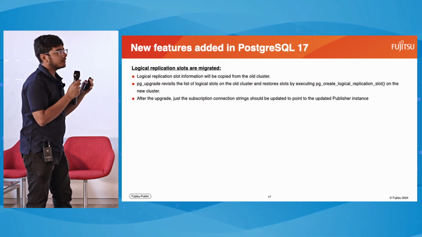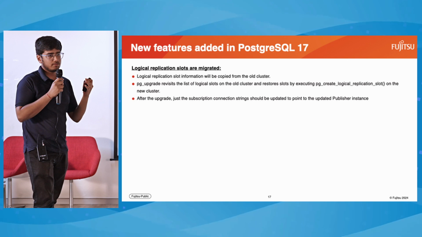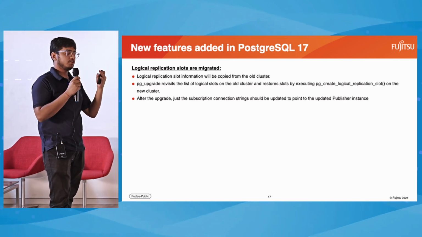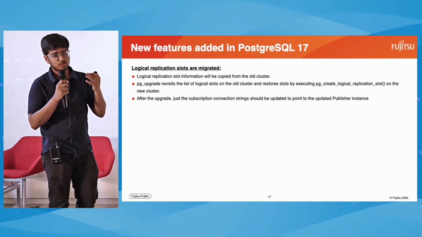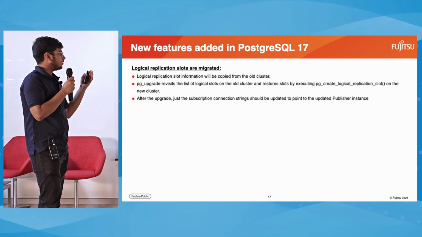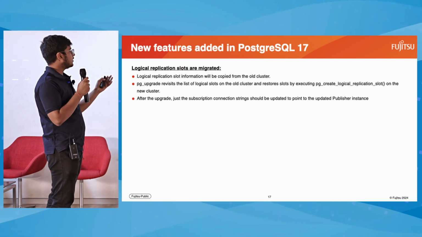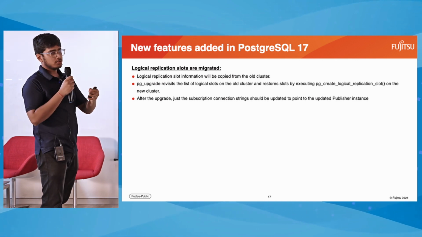During the PG upgrade, the replication slots will be migrated. It means that during the upgrade, pg_upgrade will visit the old node and see the list of logical slots on the old cluster, and corresponding to each slot, it will create a new slot on the new cluster.